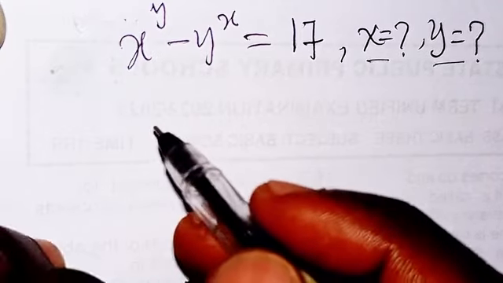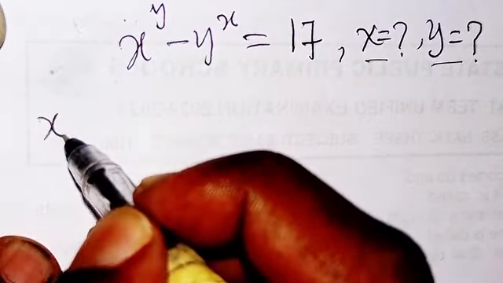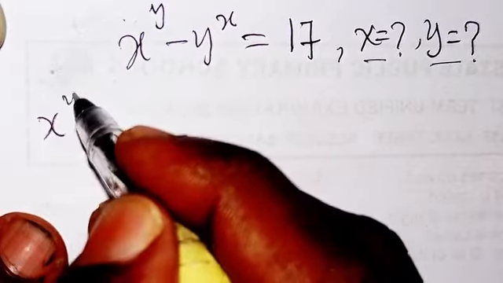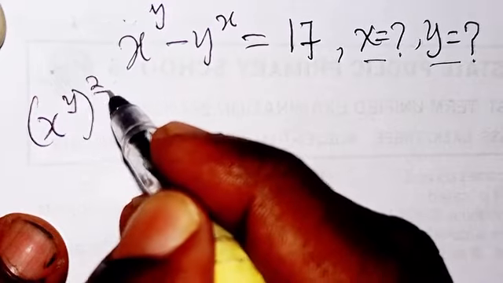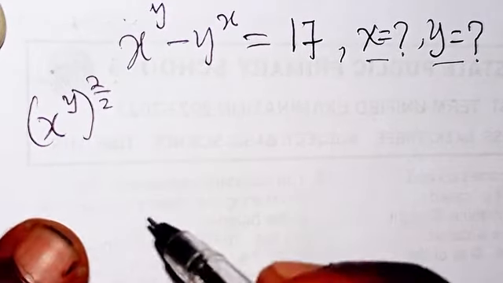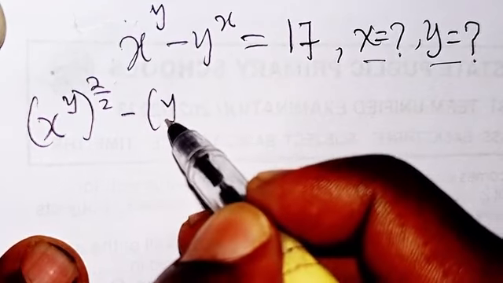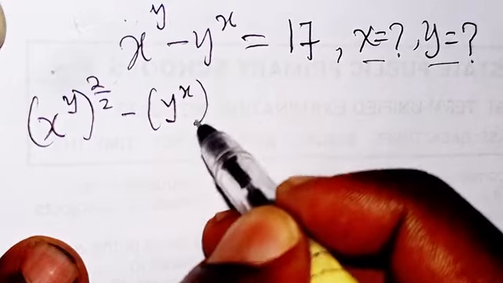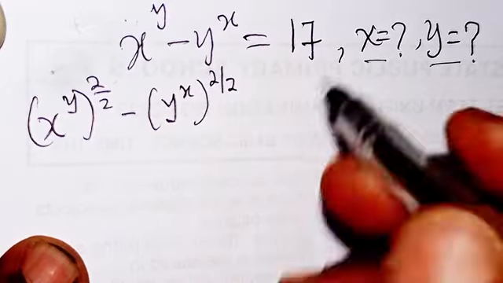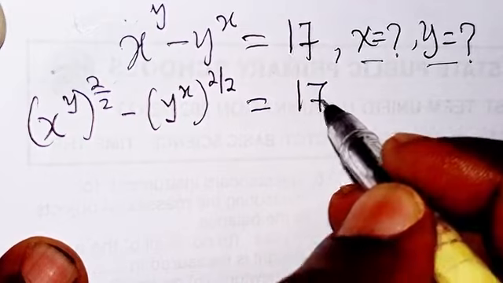So I'm going to rewrite this equation in this form: x to power y 2 over 2, minus y to power x 2 over 2, then equals 17.